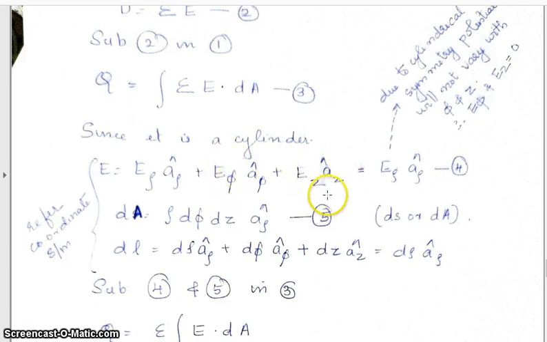Z is the distance of a point from the origin along the z axis in a cylindrical symmetry, and phi is the angle in the xy plane. And rho is the distance from the z axis to the point in the cylinder.